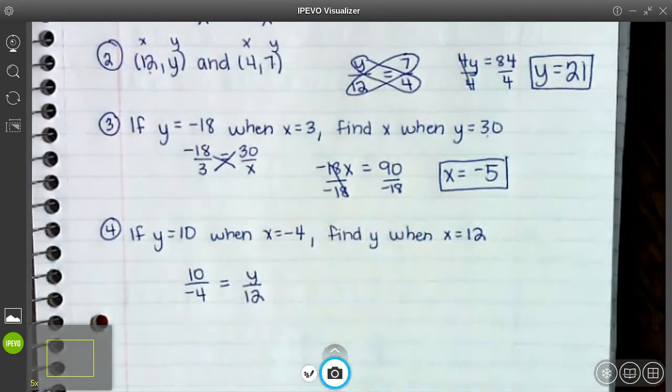You should have gotten 10 over negative 4 equals y over 12. Did you get that?